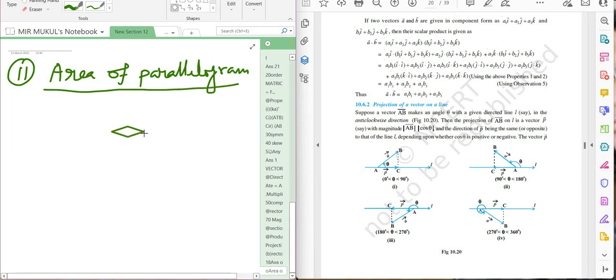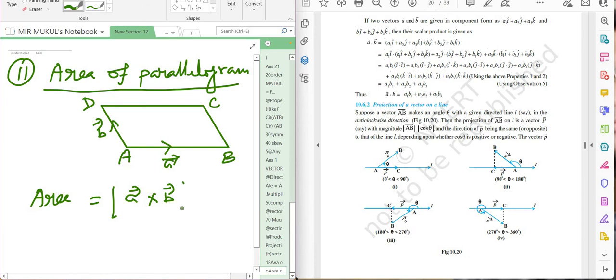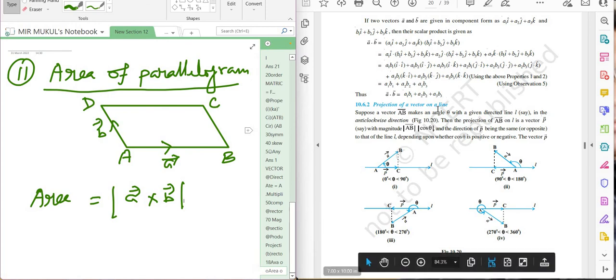Consider a parallelogram ABCD, and suppose two adjacent sides A and B are given. So the area of the parallelogram will be the magnitude of A cross B. Right? That is the area of a parallelogram.